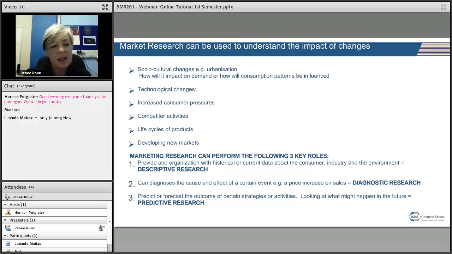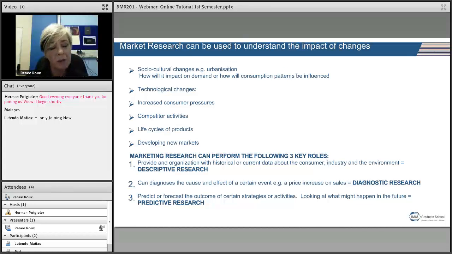These days, it's part of the whole banking environment. It plays a crucial element because it's 24/7, it's speedy, it's cheaper. People can do their banking anytime, any place, 24 hours, 7 days a week. So technological changes have an impact on how our consumers behave, and market research can help a company to understand those changes.